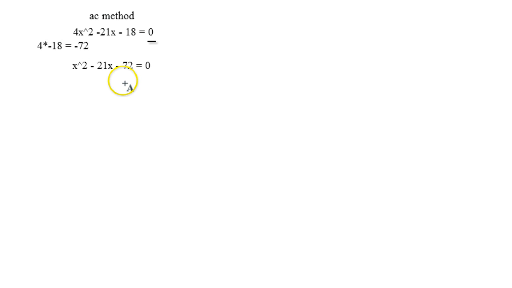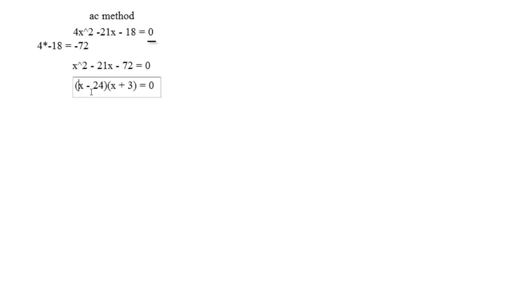Okay, now I need to think of two numbers that multiply to -72, but actually add up to -21. Okay, and that is going to be x minus 24 and x plus 3. So 3 and 24 are definitely going to be there.